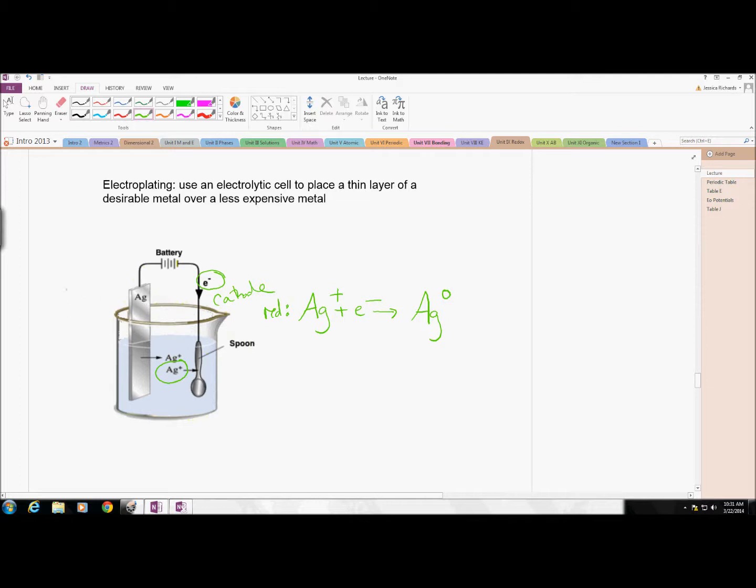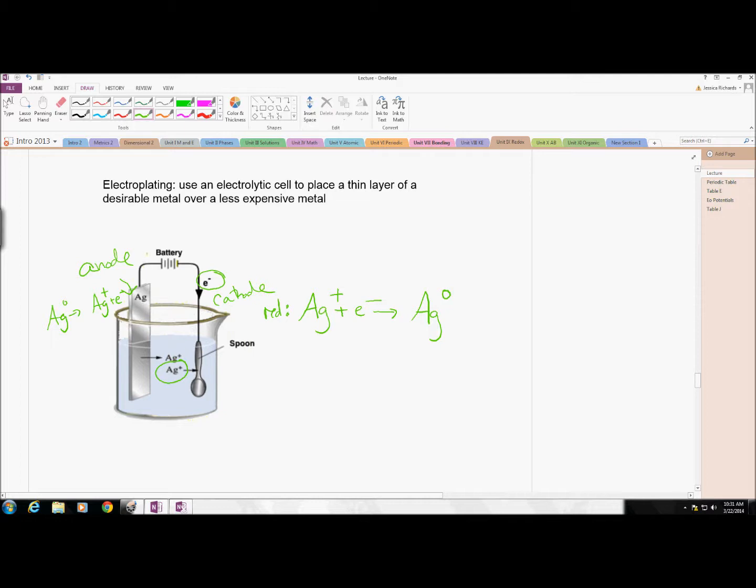The oxidation that's happening in this case, the metal that we want on our spoon, is what we make our anode out of, so that the pure metal turns into the metal ions that we are using to do the electroplating.